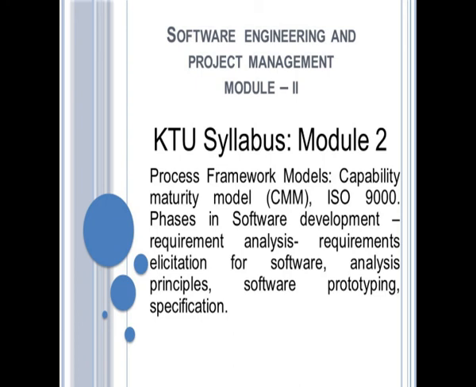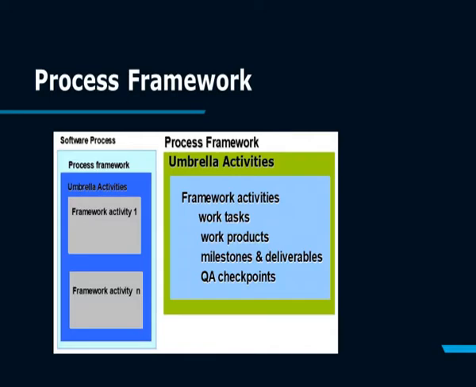Software process framework. A process framework establishes the foundation for a complete software process by identifying a small number of framework activities that are applicable to all software projects, regardless of size or complexity. It also includes a set of umbrella activities that are applicable across the entire software process.